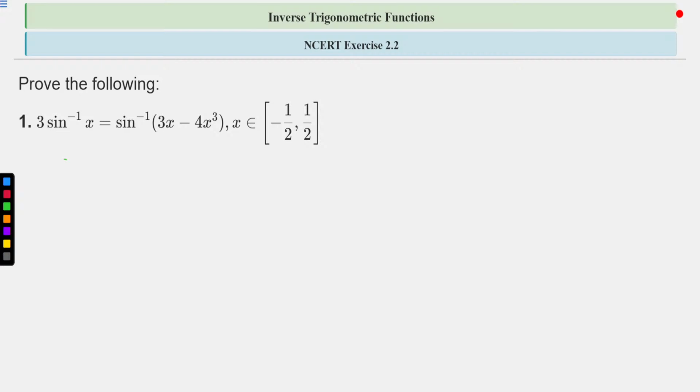So you will use sine inverse x as theta, clear, and then put the value of x in the right hand side. After doing this and simplification, you will be able to reach the left hand side, LHS, right? Okay, I'm giving you 10 seconds to solve or think about this question. After that, you can discuss the solution part, right?